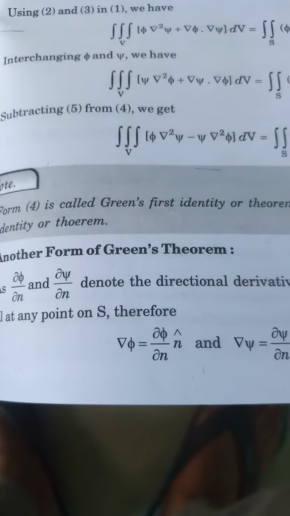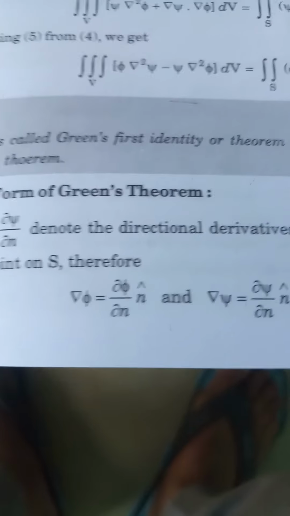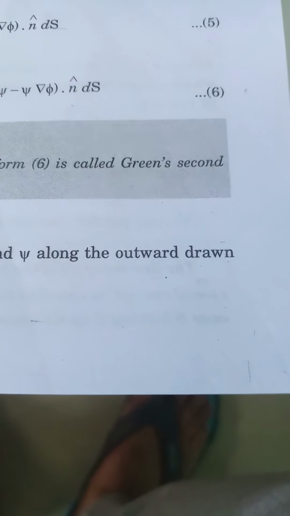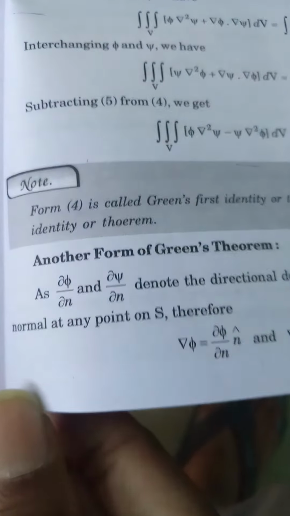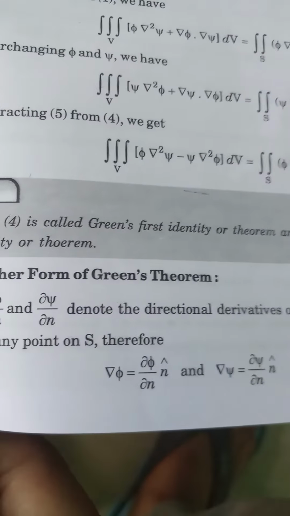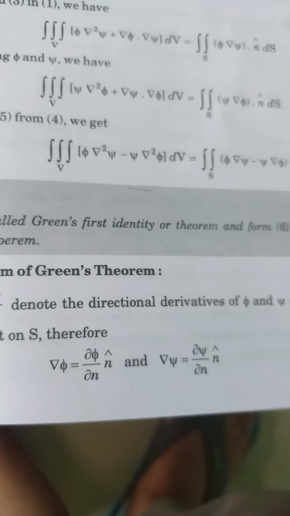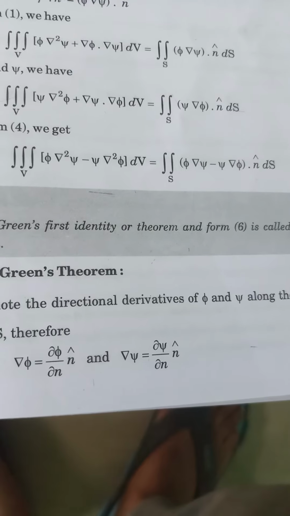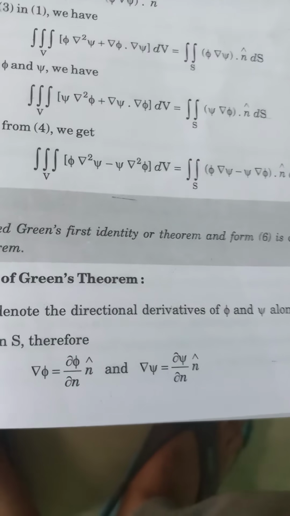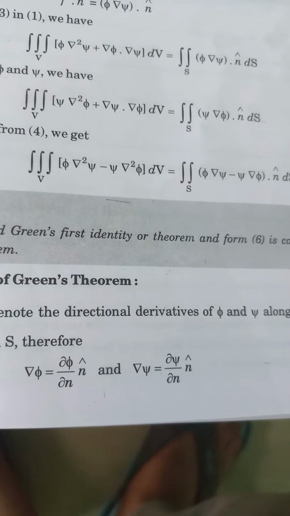Another form of Green's theorem: as ∂phi/∂n and ∂psi/∂n denote the directional derivatives of phi and psi along the outward drawn normal at any point on S. Therefore del phi, meaning gradient phi, is equal to ∂phi/∂n n cap, and del psi, meaning gradient psi, is equal to ∂psi/∂n n cap.